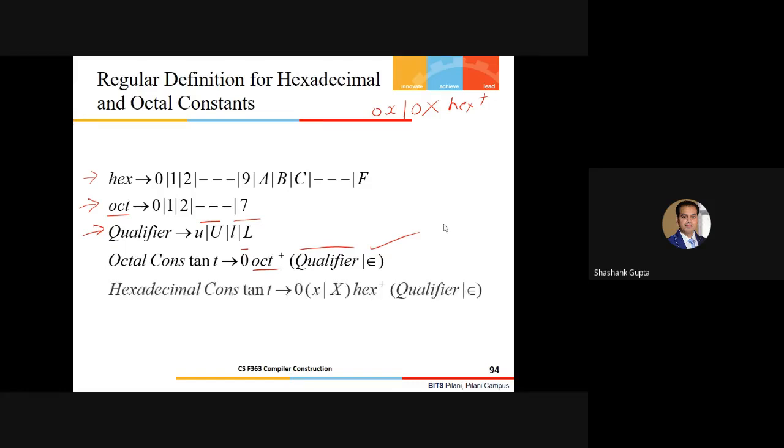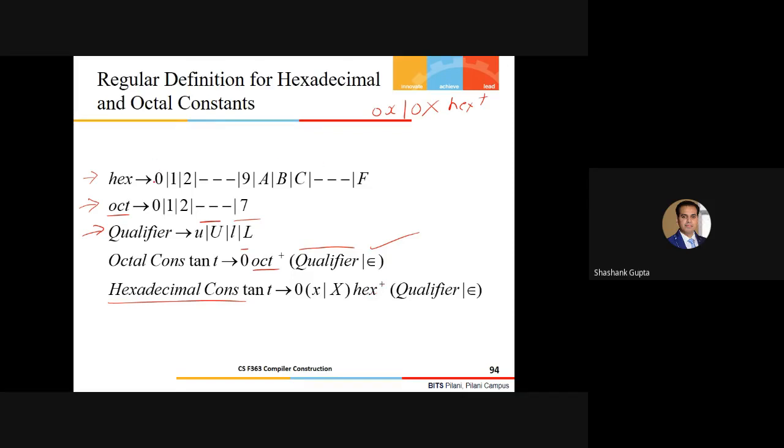Fine. And for the hexadecimal constant, which we have given a unique name just like the octal constant, it has to start with 0x. But x can be in either lowercase or uppercase format. After that, we have any number of hexadecimal digits, that is hex and positive closure, any random combination of these.